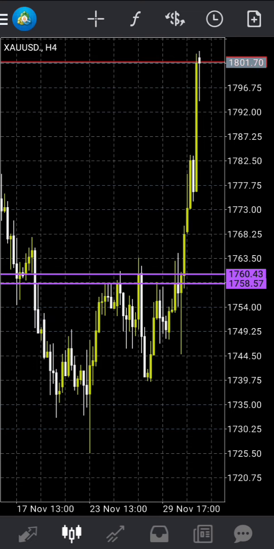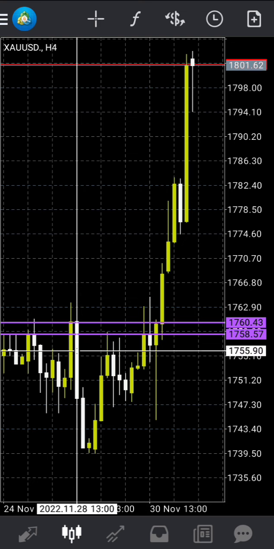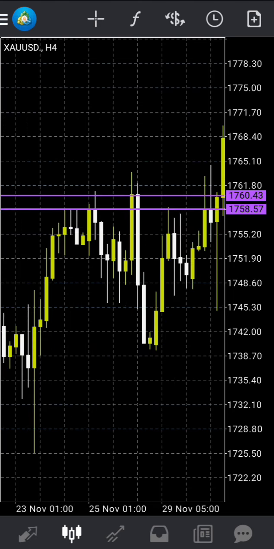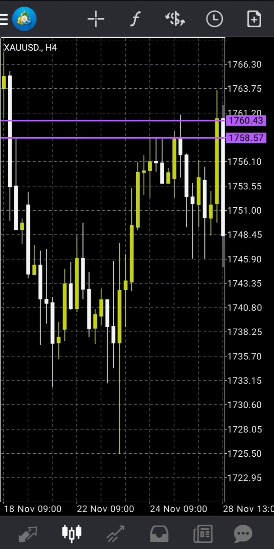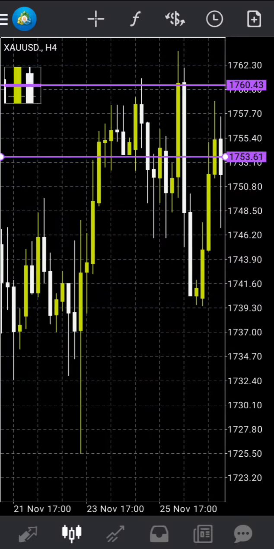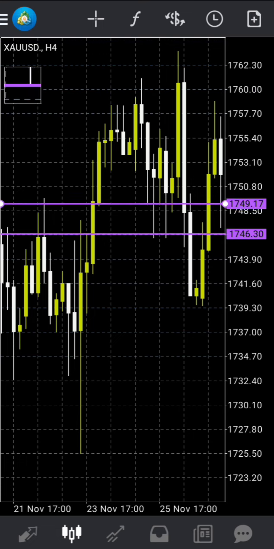Okay, so if the zone is something like this, you cannot use it. This is a big candle, but the above candle is here and the next candle is here. There is not even a line. You cannot use it. You must find a place with a zone, then that is a key level zone. Okay, one more example would be here and here.